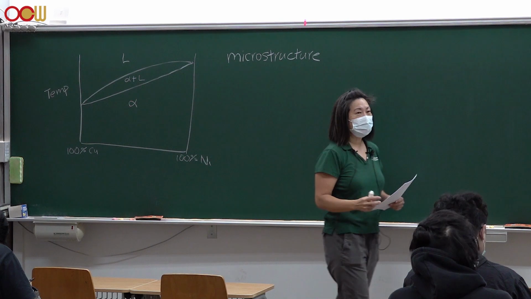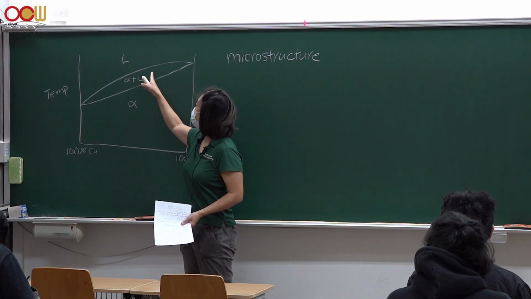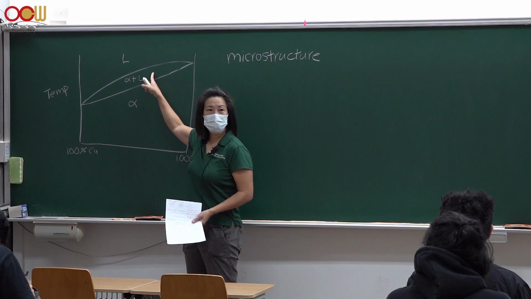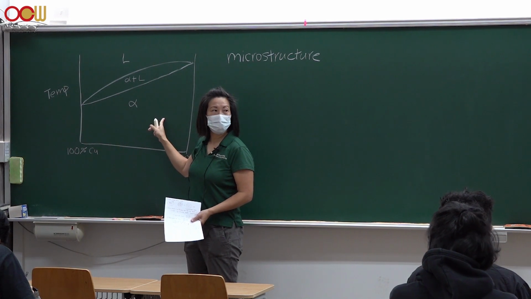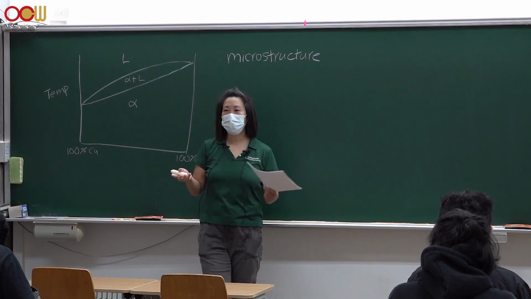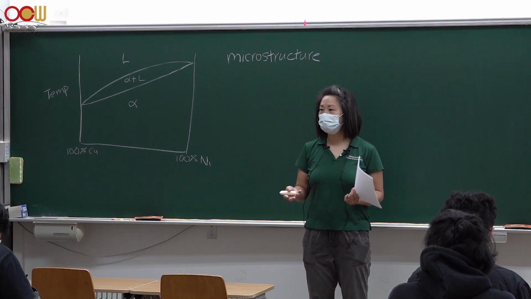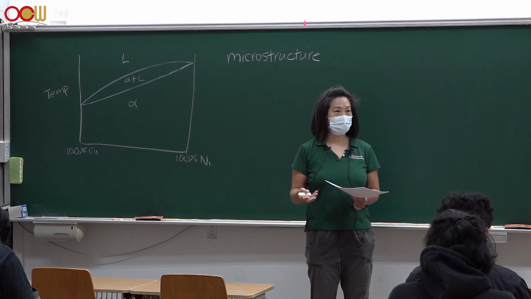So just looking at the phase diagram, you know that in this region you have 100% liquid. In this region you have some amount of solid and liquid, and then in this area you have 100% solid. But you don't know what the actual material will look like, and the only way to really do that is by looking under a microscope.